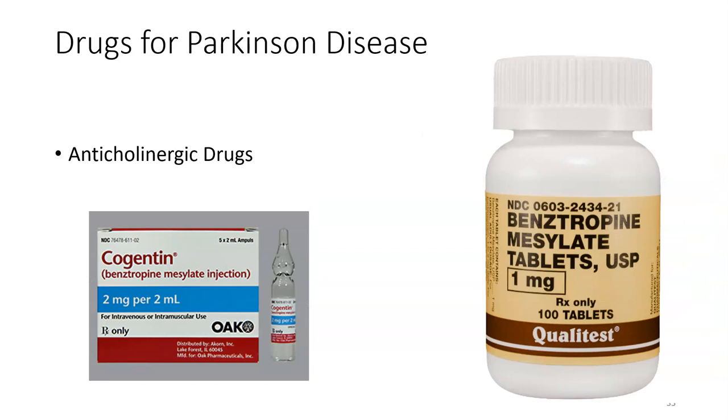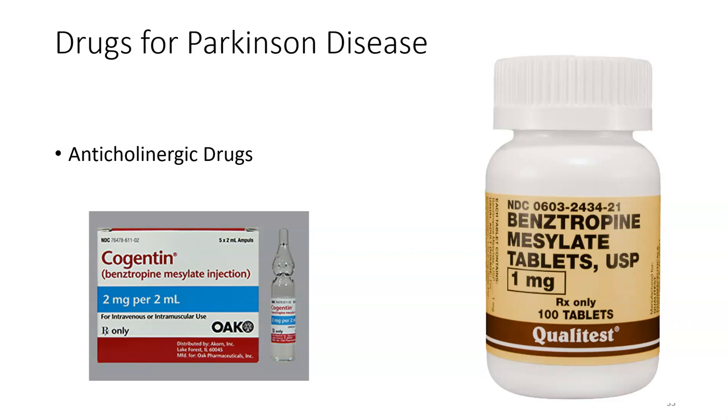Next are anticholinergic drugs. Because there's an imbalance between the dopamine and acetylcholine, the acetylcholine levels increase. So we want to block the receptors, so even though it's present, it doesn't cause those tremors. So this is going to help with some of the symptoms. It's going to help manage tremors and drooling. It's going to help rebalance and allow muscles to relax because they're not being bombarded with acetylcholine.